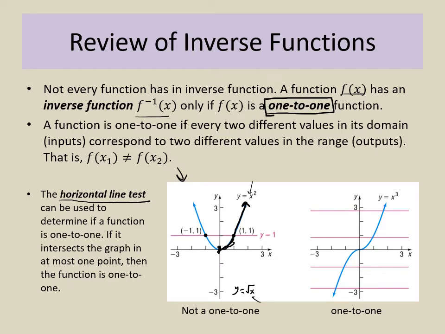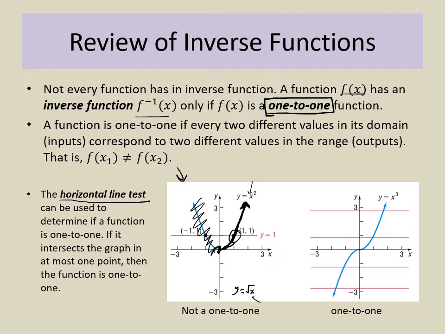So only for this positive part of the function would it actually have an inverse. We're going to see that later, but maybe if we restrict the quadratic function, if we pretend that this part is in there, then it would actually be one-to-one. It would intersect at only one point, and then we can have an inverse function.